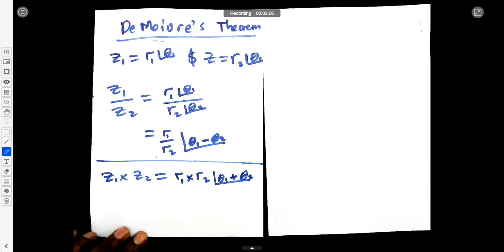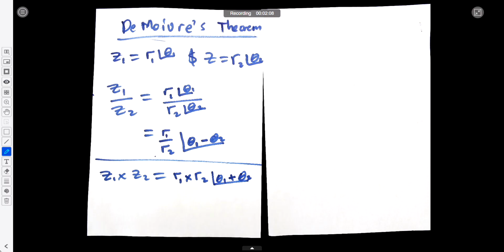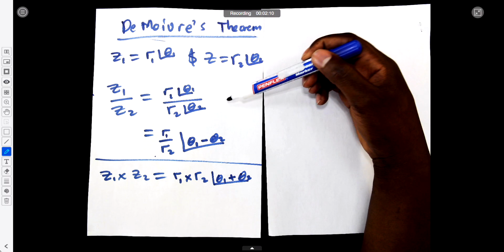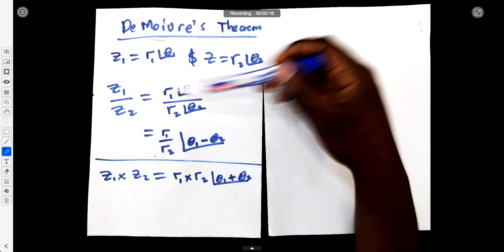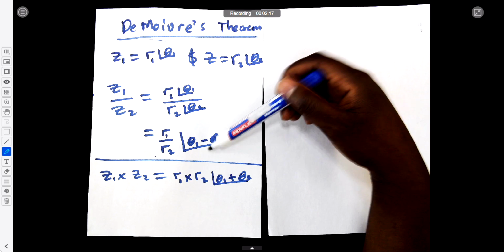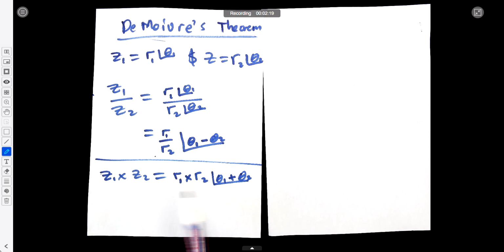So it's theta 1 plus theta 2. You can remind yourself by using exponential laws: if the bases are the same and you're dividing, you subtract. If you're multiplying, the bases are the same, you add, but you add the augment thetas. So that is multiplication of complex numbers.